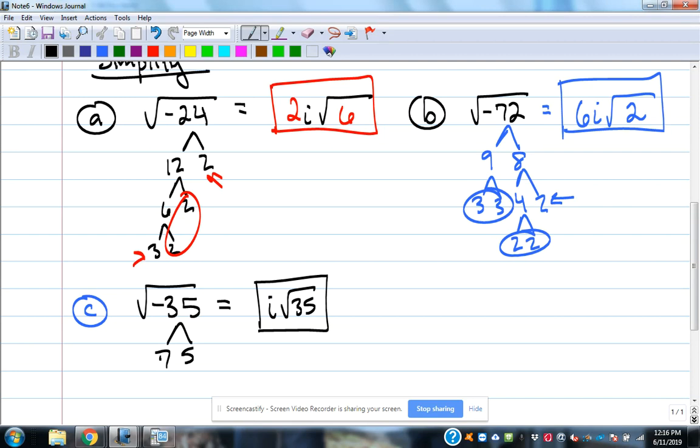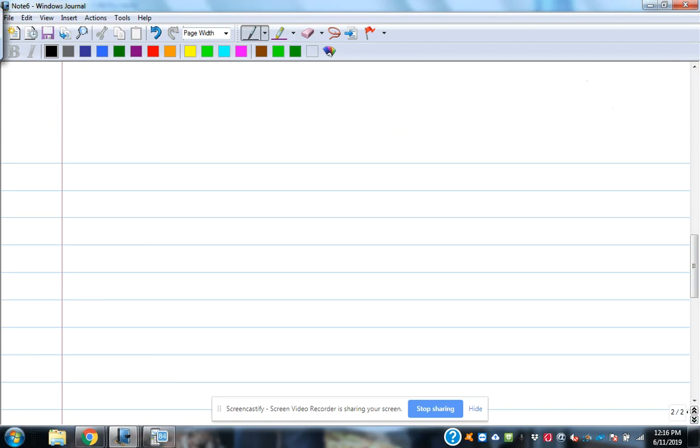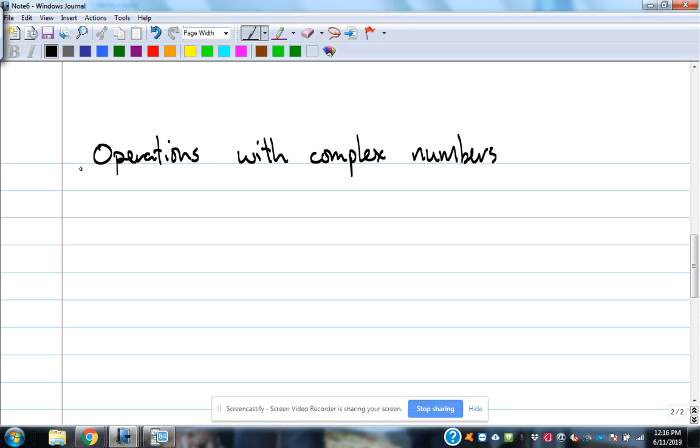All right. When we're dealing with complex numbers, the next thing I want to show you is some stuff that we can do with the calculator to help you out with the complex numbers. And that's adding, subtracting, multiplying, and dividing. So doing operations with complex numbers. Adding and subtracting is really easy, and I don't normally do that with the calculator.